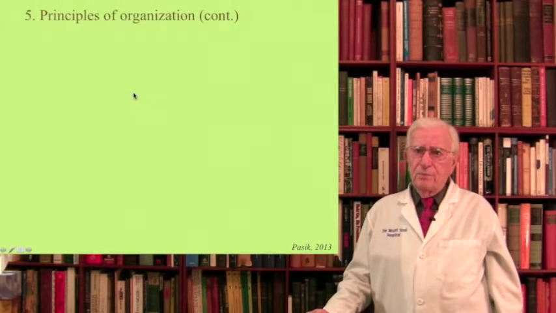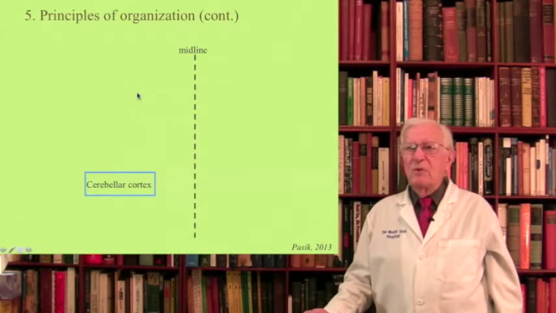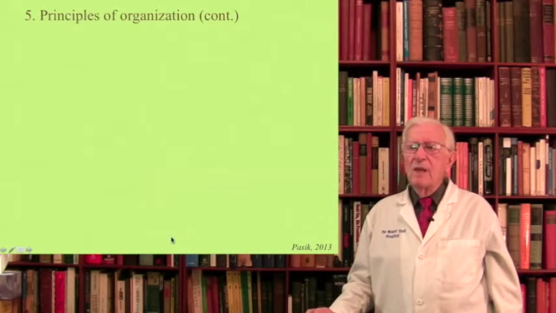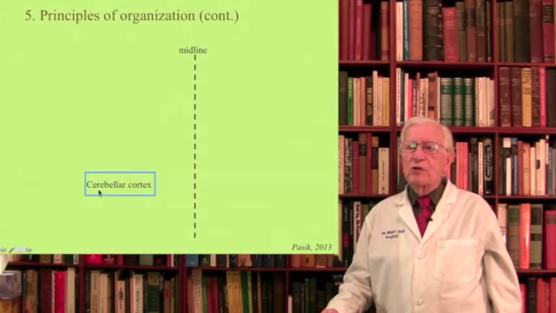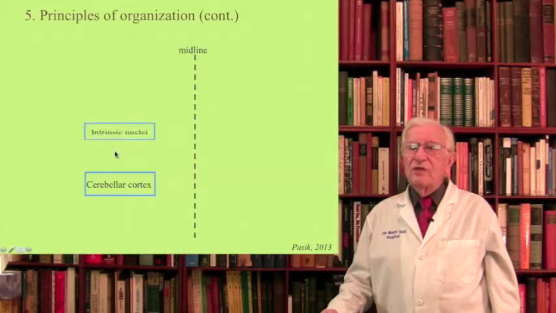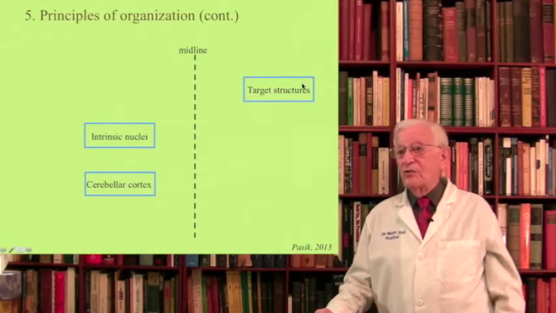Now, let's see a general principle of organization. If you have midline here, right, and you have the cerebellar cortex on one side, all right, and you have the intrinsic nuclei, and then you have the target structures on the opposite side.